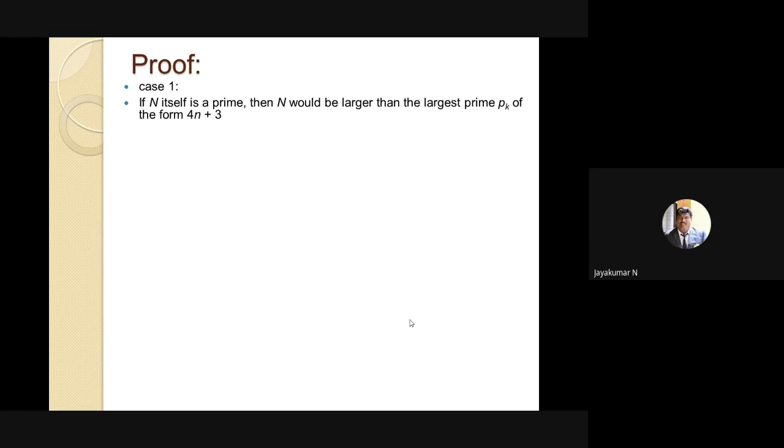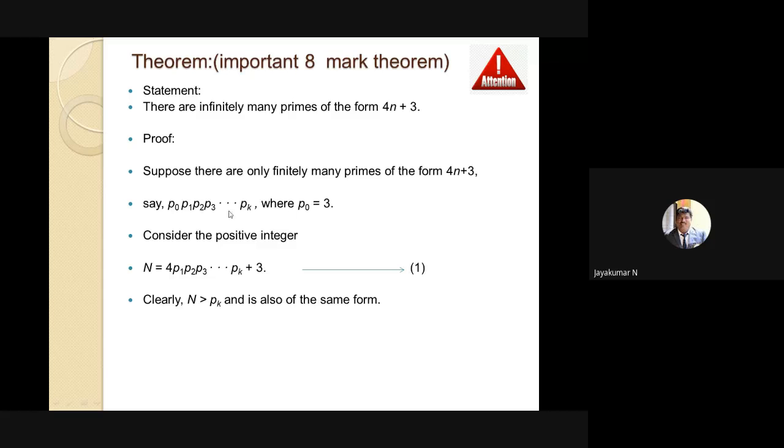If n itself is a prime, then n would be larger than the largest prime Pk of the form 4n plus 3, because in the assumption I assumed that Pk is the largest prime.